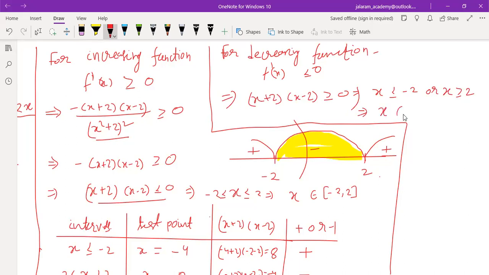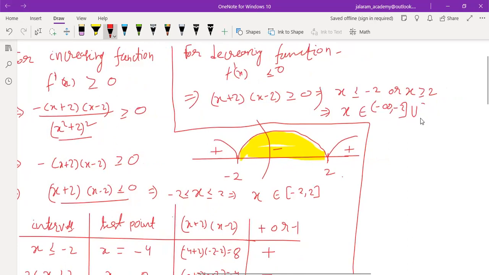And in interval form, we represent it by x belongs to minus infinity to minus 2, minus infinity in open bracket and minus 2 is included, union 2 to infinity. Is that clear to you?